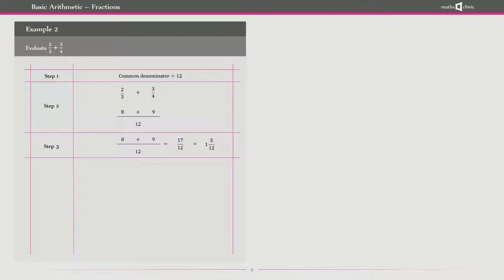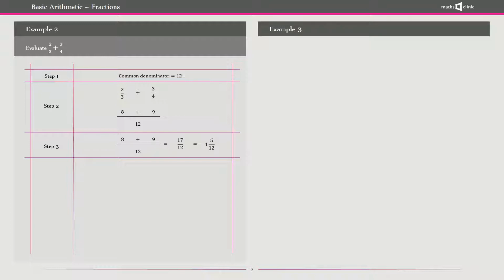So that is how you add fractions. Very simple. Example 3. Example 3 says evaluate 3 1 over 2 minus 3 over 4. Just as easy, not too different from adding fractions. In this case we've been asked to subtract.